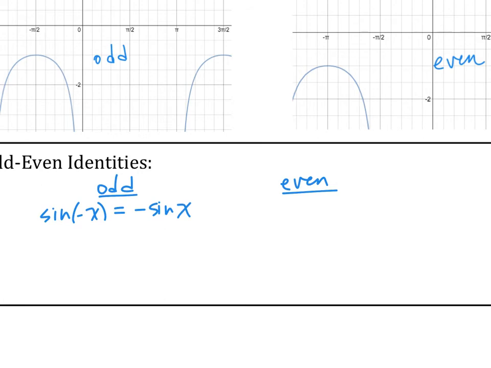This is the proof of odd identities. Negative on the outside is negative on the outside. Basically, if sine is odd, its reciprocal, cosecant, must also be odd, because they're related.